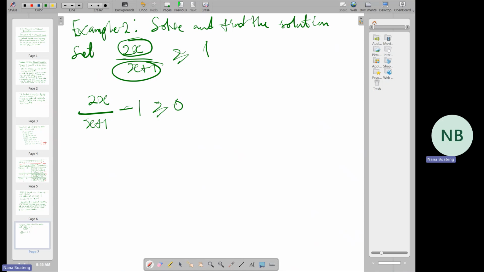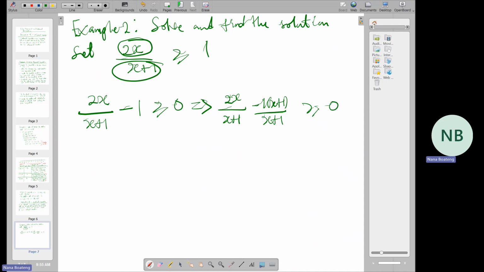From here, we can write this all with the same denominator. So that will be 2x minus (x plus 1) divided by x plus 1, since x plus 1 divided by x plus 1 is still 1. So this is greater than or equal to 0.